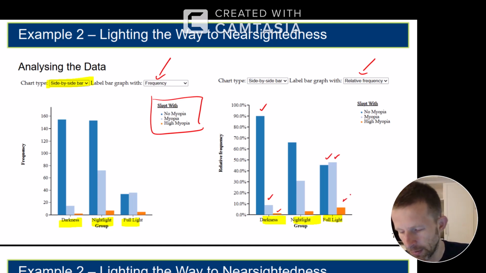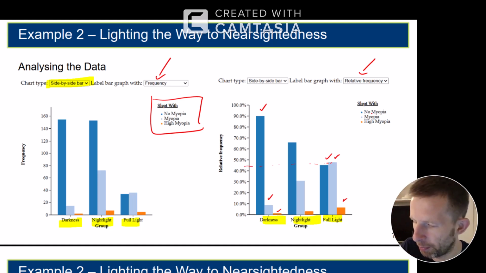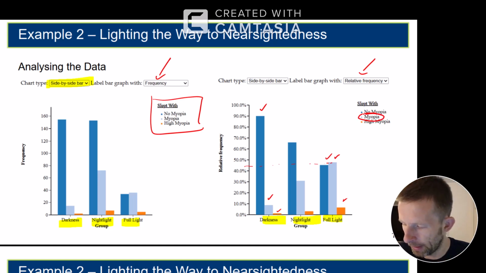The nice thing is you can see, for example, for full light, when someone slept with a full light, roughly 45%, somewhere between 40 and 50%, developed myopia. And roughly between 5 and 7% developed high myopia.